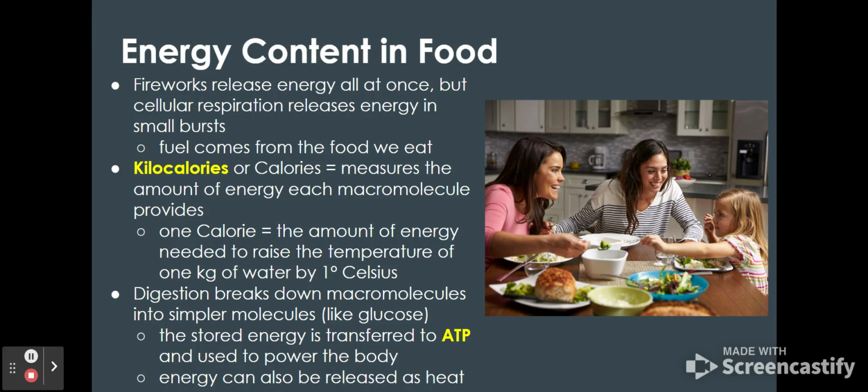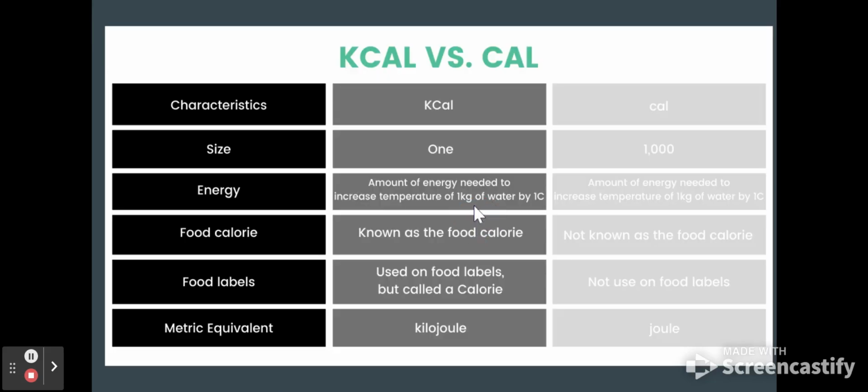Energy can also be released as heat. So we can see that our bodies radiate heat. Okay, that happens because we are eating and we're producing heat as we digest. Now, I want to talk about the differences between kilocalories and lowercase calories, because lowercase calories is a different term that you might see somewhere.